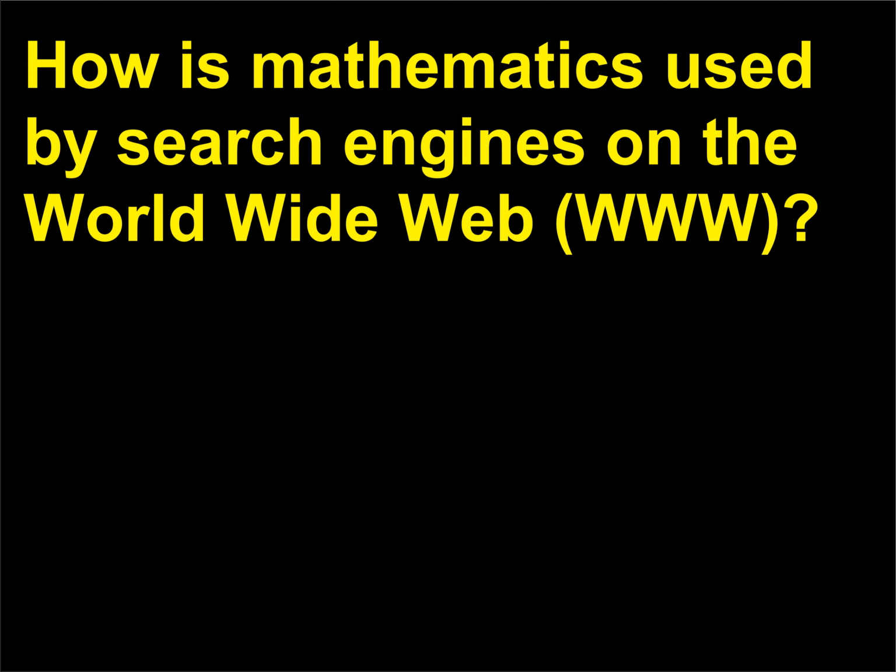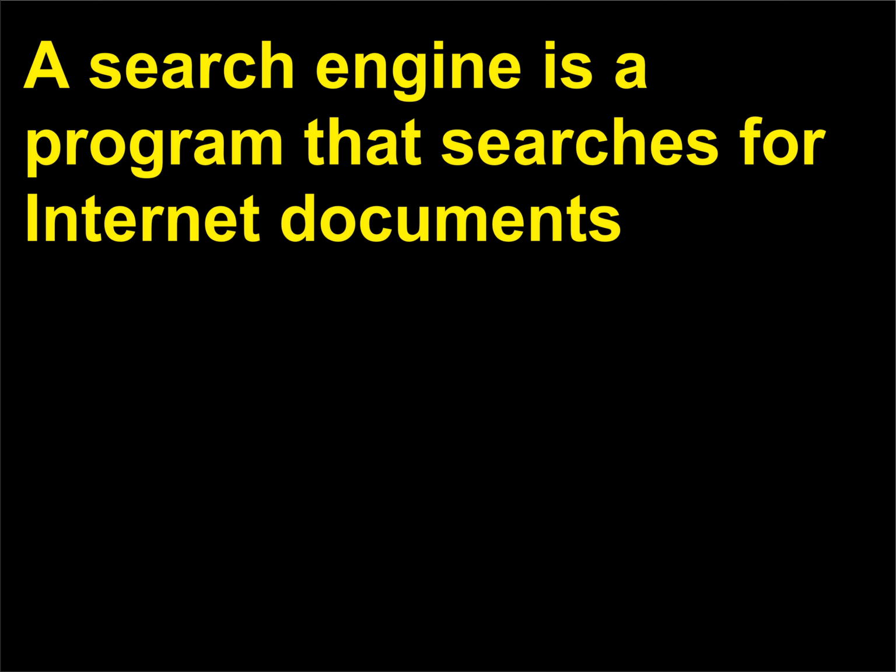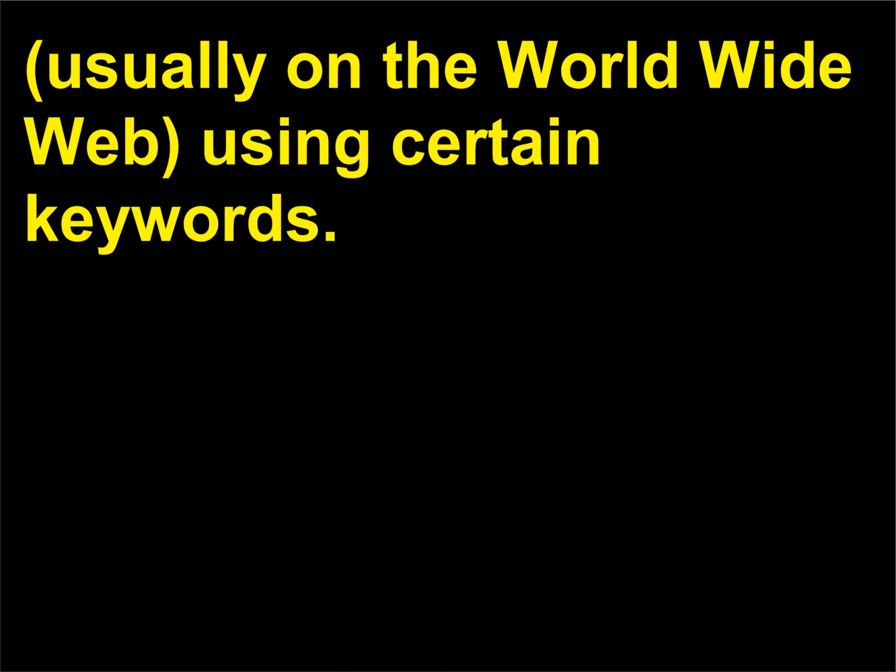How is mathematics used by search engines on the World Wide Web? A search engine is a program that searches for internet documents, usually on the World Wide Web, using certain keywords.